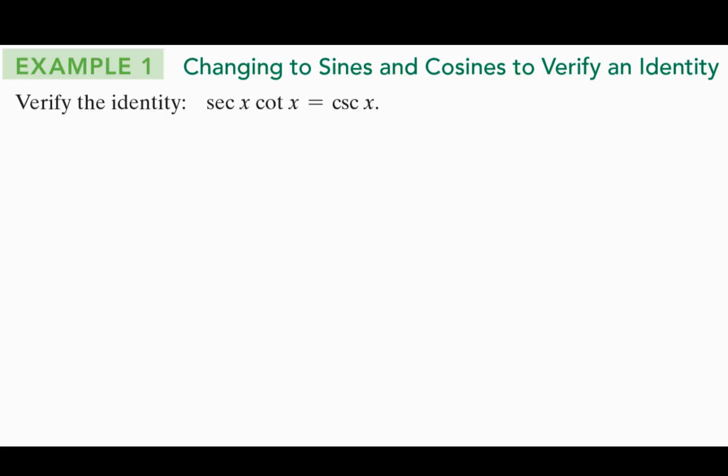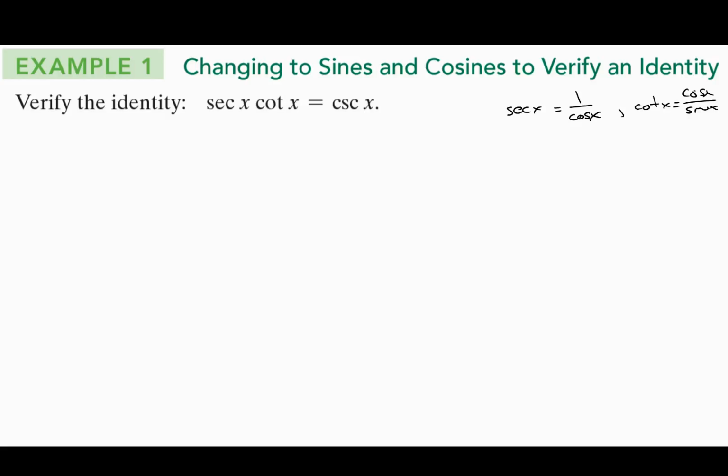I'm not going to do this every time, but remember that the secant is equal to 1 over the cosine, and the cotangent is equal to the cosine over the sine. Okay, so with those two identities right there, and we should know what the cosecant is.